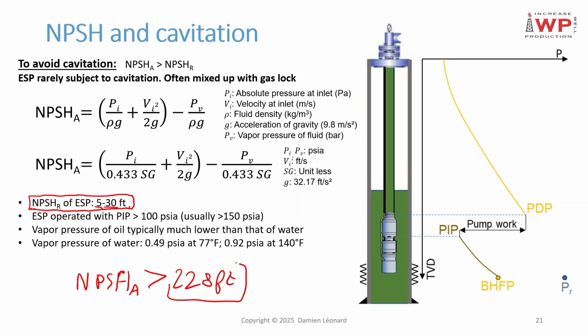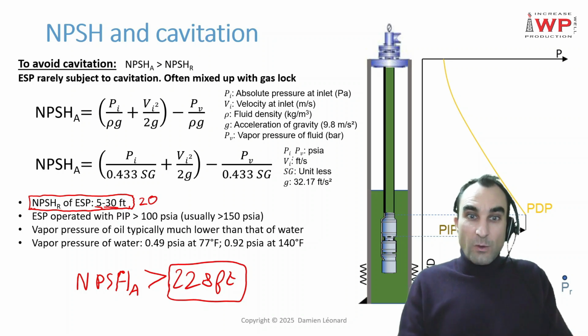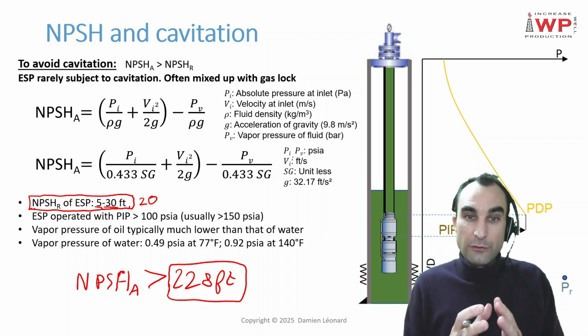So over there I have 228, meaning that if I consider a required NPSH of 20 feet, the available net positive suction head at the inlet of my ESP is about 10 times higher than the required NPSH. And so that explains why ESPs are very rarely subject to cavitation, because you typically have a very big margin between the available net positive suction head and the required net positive suction head.